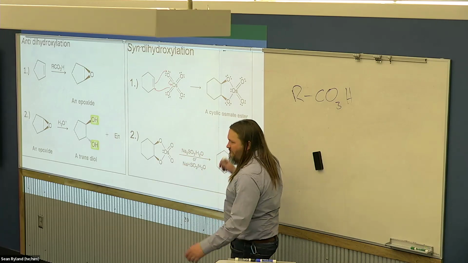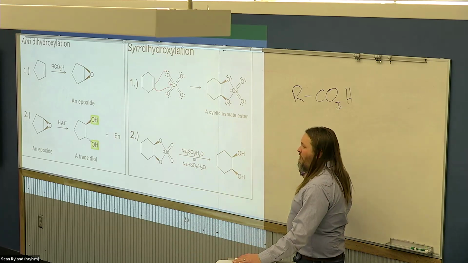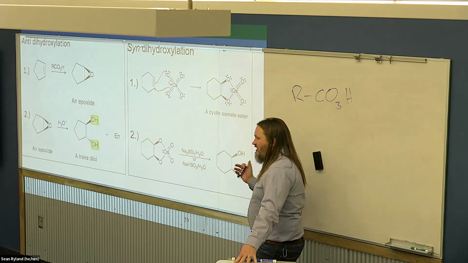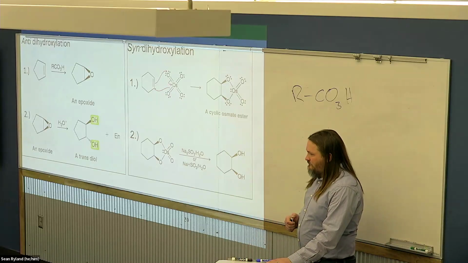It's possibly recoverable to be reused if we treated it to go back to where we started, but it's not the important part of the reaction for this. Possibly, yes.